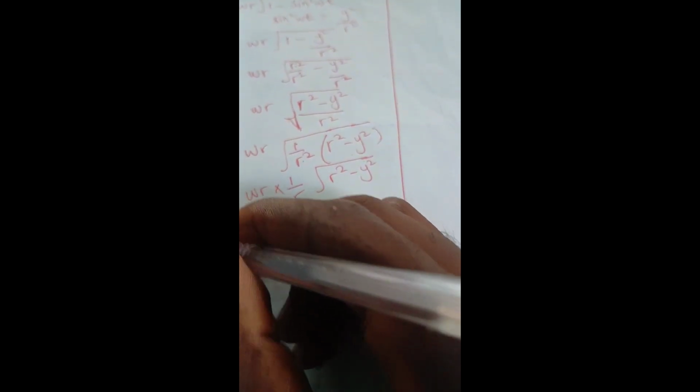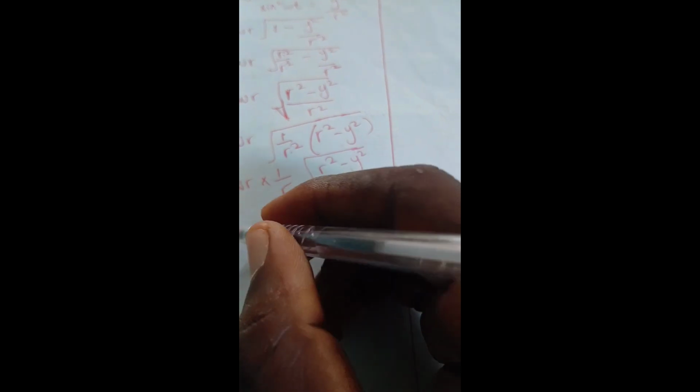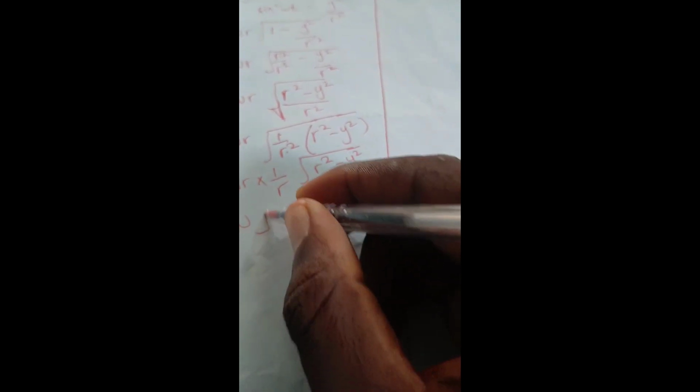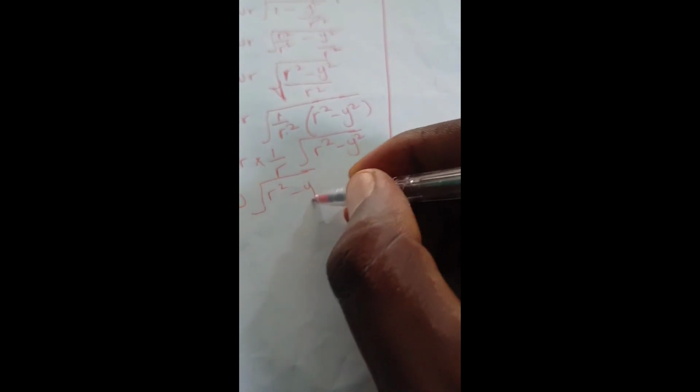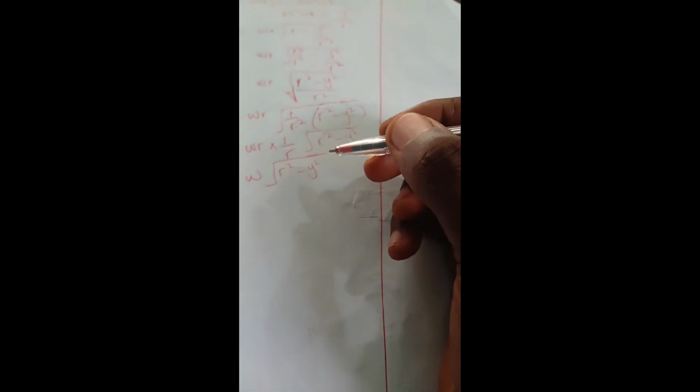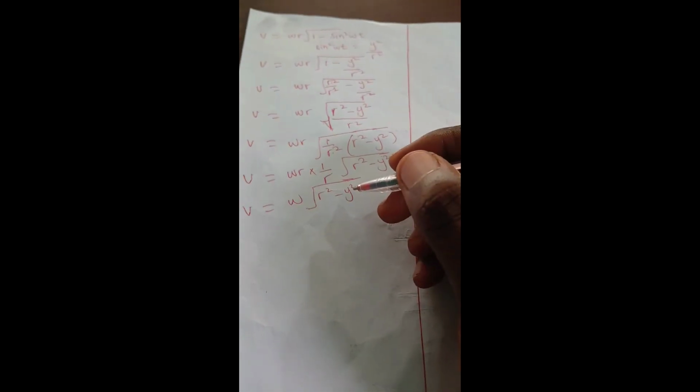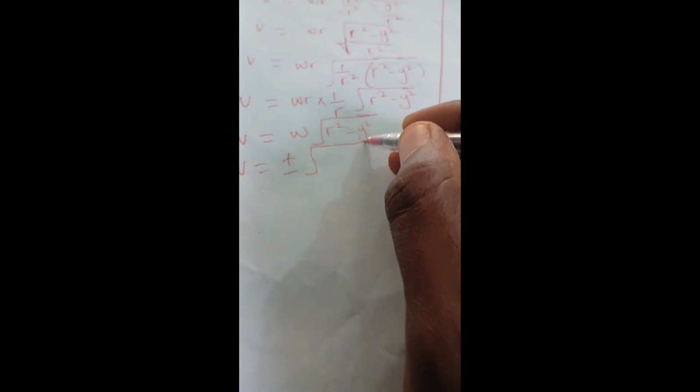So we have v is equal to omega square root of r squared minus y squared. Now because this is a square root, both the positive and negative sides will give you an answer here, so we can have v is equal to plus or minus omega square root of r squared minus y squared.